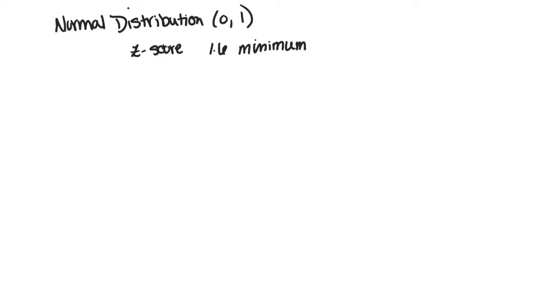And so I write that as my p-value is going to be equal to 0.0548. Now at this particular point, we are going to compare it to that level of significance.